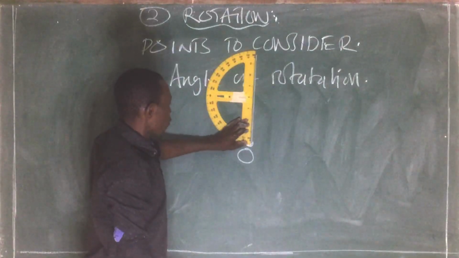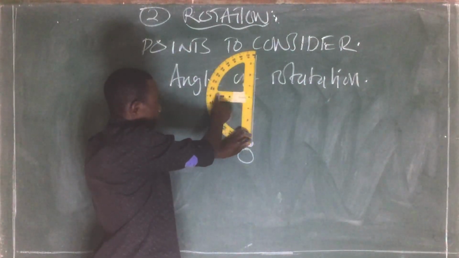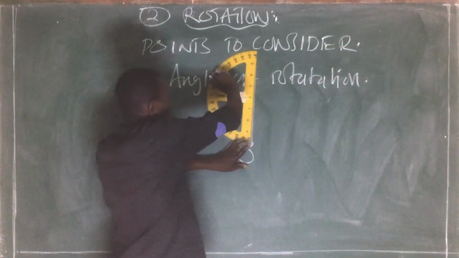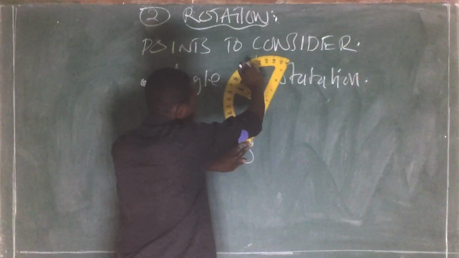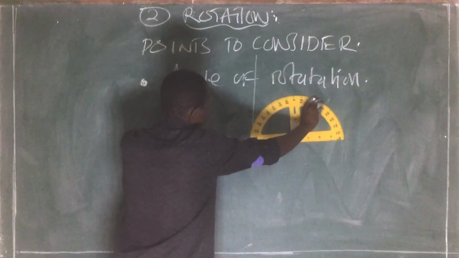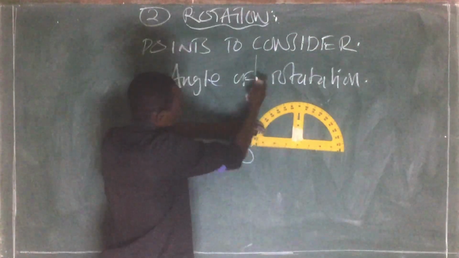When I talk of rotating, it means I have to spin this protractor, either this way or like this each time I move. So can you look at the new position of this side, which was in relation to that line?